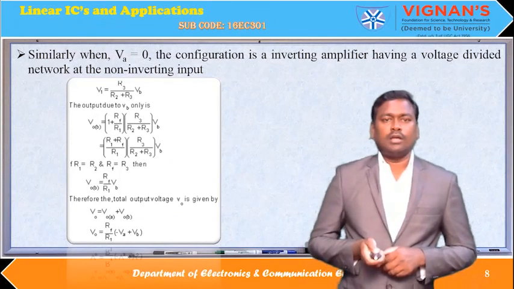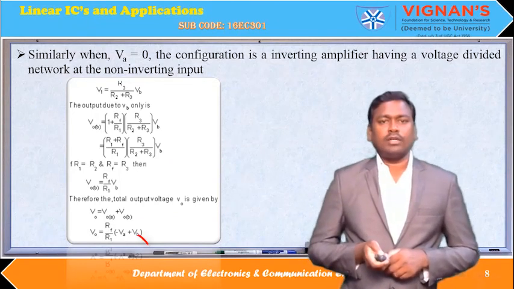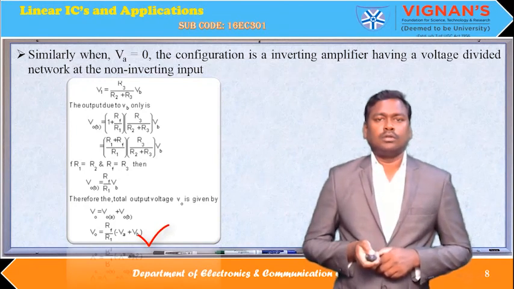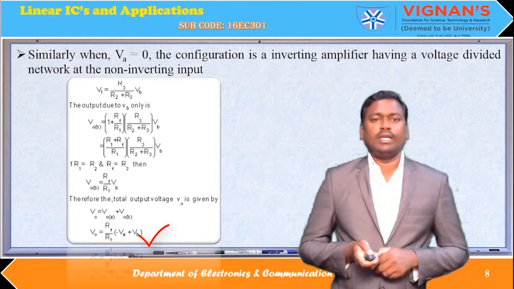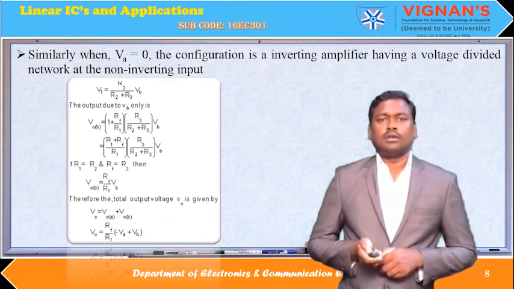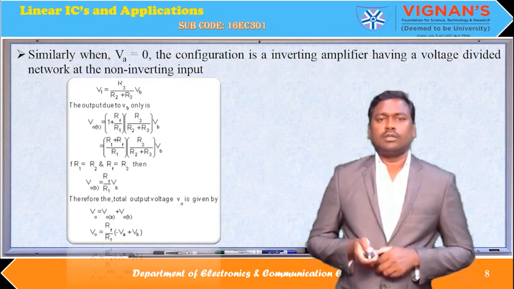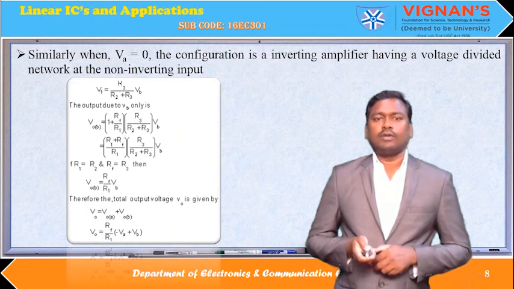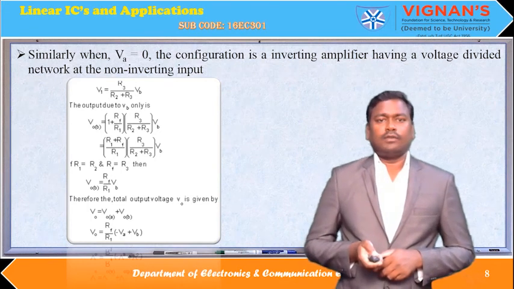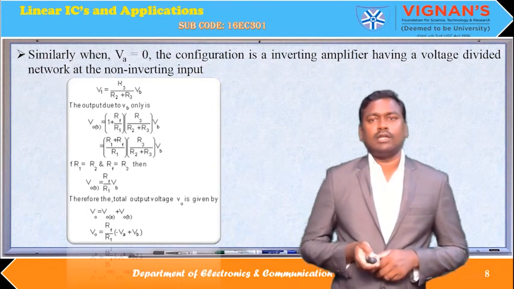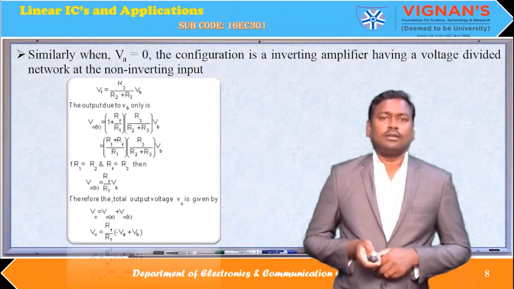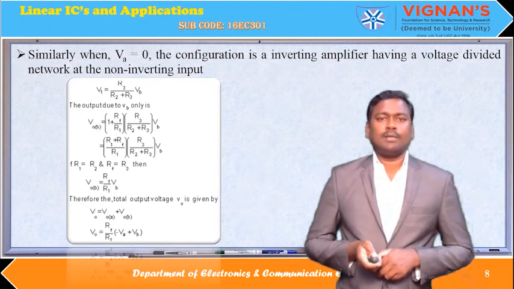Finally, the output voltage is equal to Rf by R1 into Vb minus Va. So from the output equation, Vout is gain times Vb minus Va, which is the difference of the two input signals. If Rf is equal to R1, then Vo is Vb minus Va. So the circuit behaves as a subtractor.